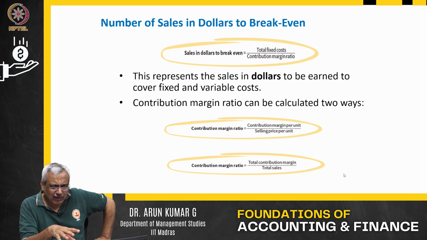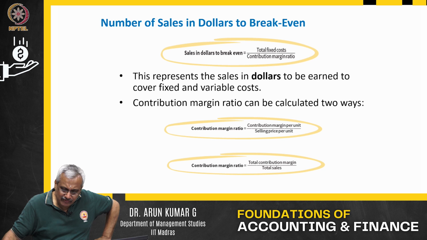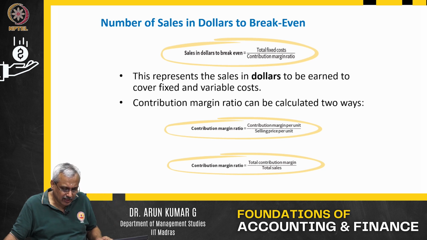What in cost accounting is called the PV ratio, the profit volume ratio, a common term used in most textbooks, we call the contribution margin ratio. Break even in dollars is fixed cost divided by the contribution margin ratio. The contribution margin ratio is your contribution per unit divided by the selling price. That is what will give you the PV ratio or contribution margin ratio.